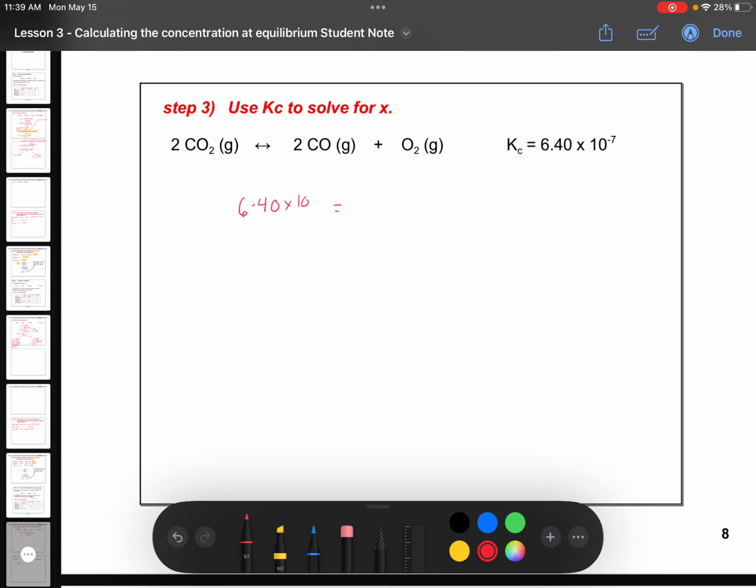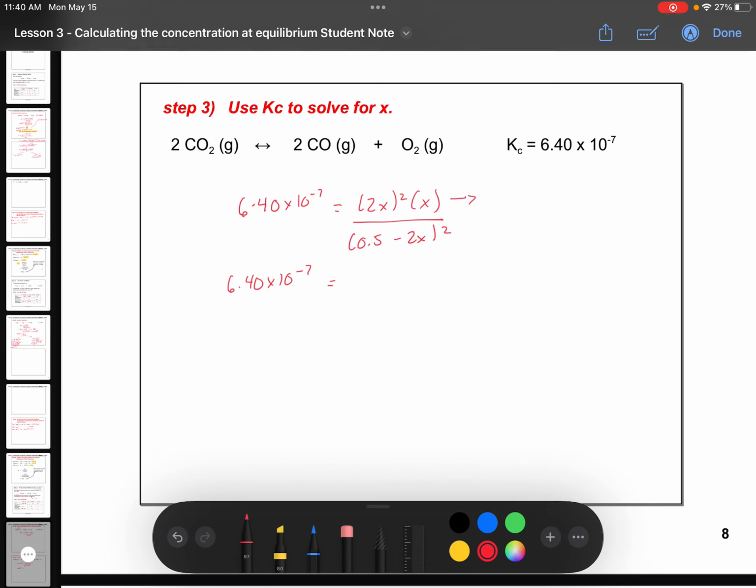So given our information, we're going to plug in our values. So our Kc was 6.40 times 10 to the -7. We had 2x squared times x divided by 0.5 minus 2x squared.